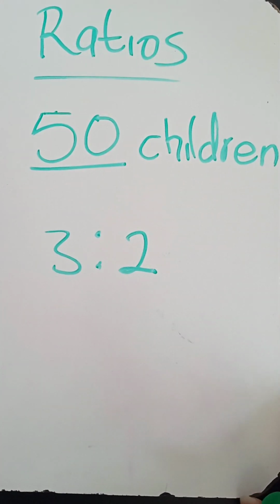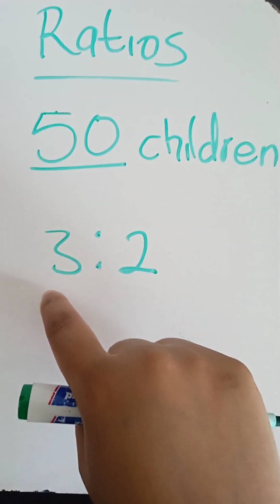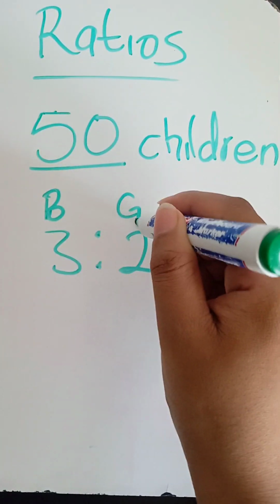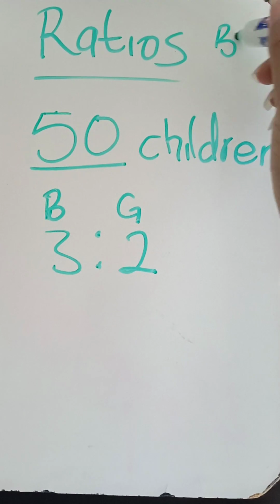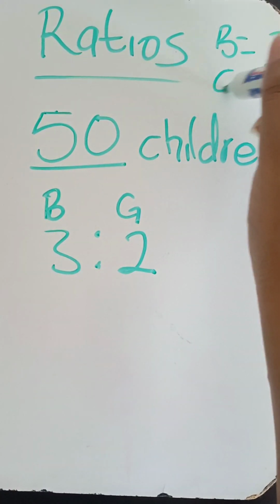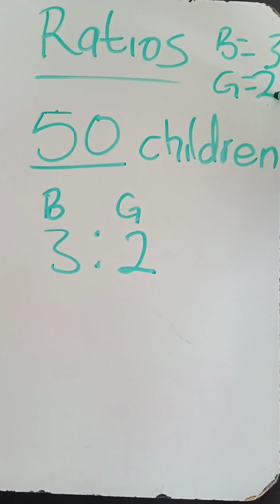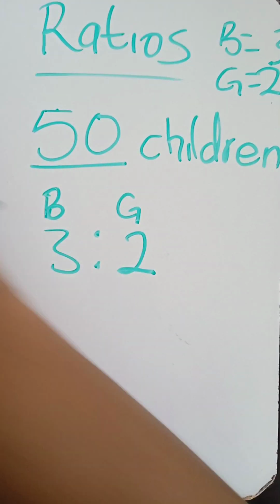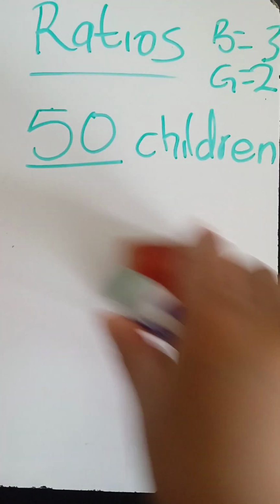As you can see here in front of us, you have the total number of learners in grade 2, and you also have the ratio of boys to girls. Your boys are 3 in terms of ratio, and your girls will be 2. So you're supposed to count how many girls and how many boys are in the class. This is how you do it. Let's just erase this quickly and proceed.